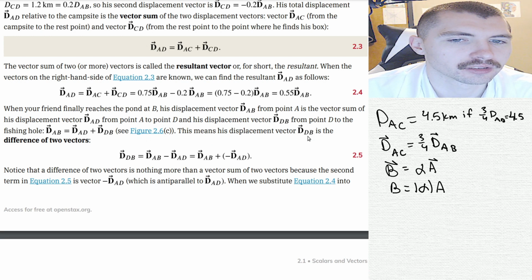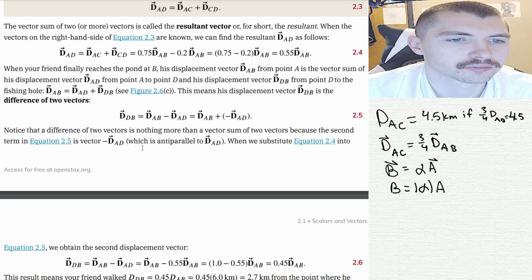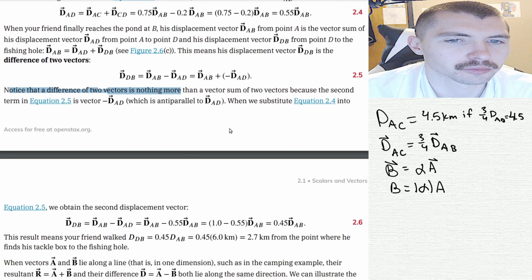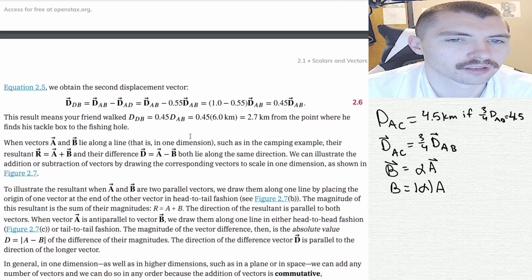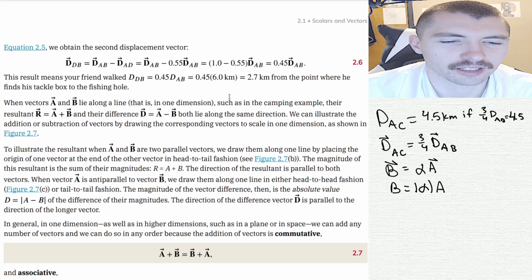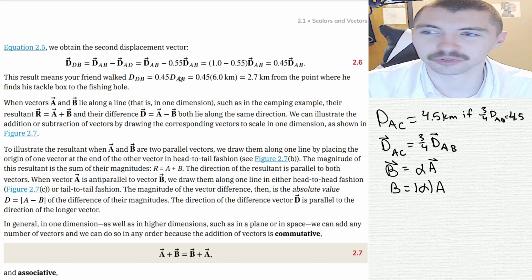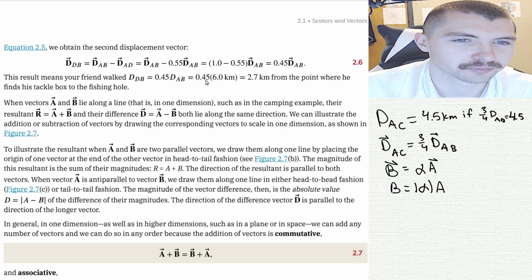The difference of two vectors is nothing more than a vector sum of two vectors, because second vector seems to be making sense. Like, I think this will be more interesting when we do independent examples on our own.